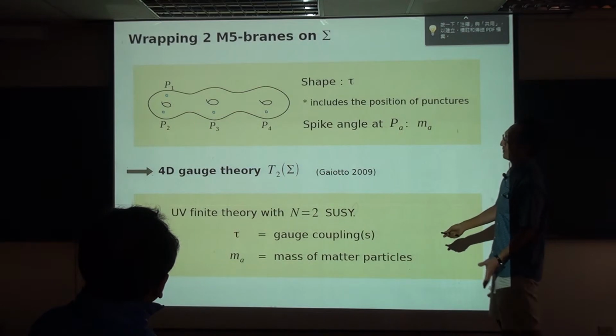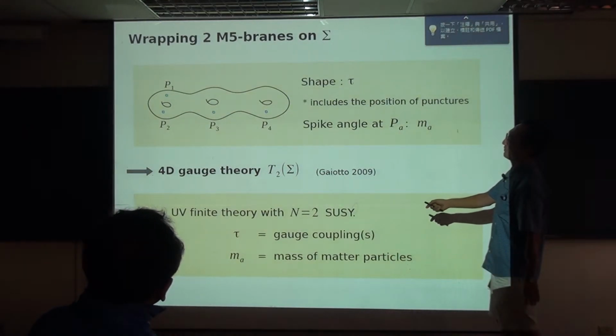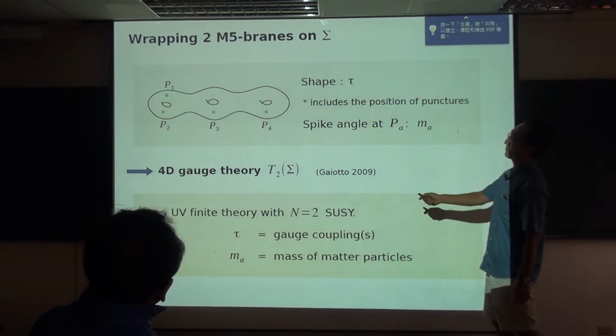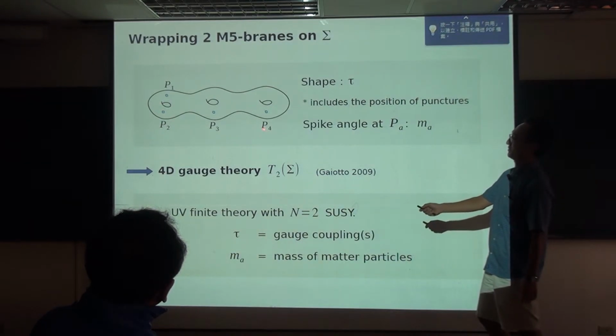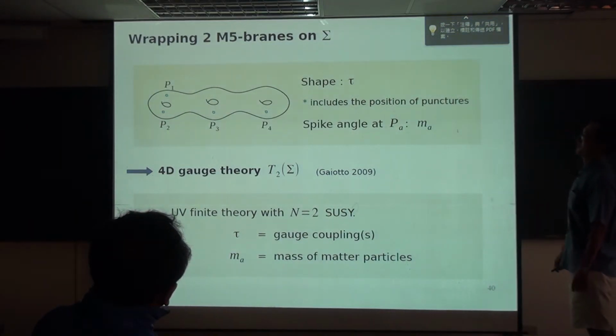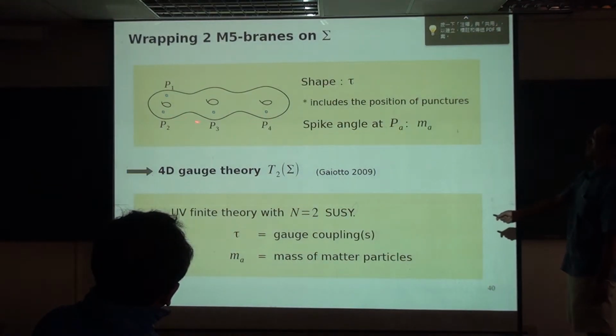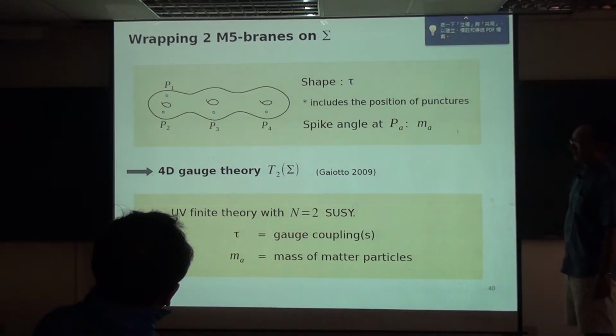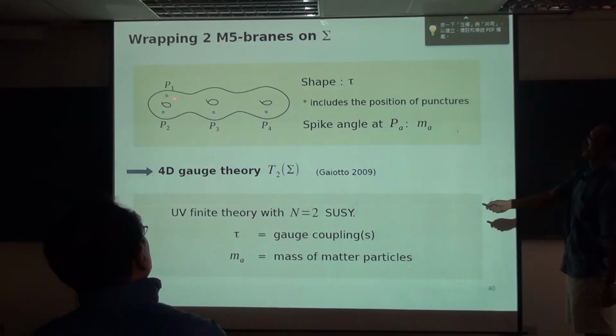Gaiotto considered the theories which can be obtained by wrapping multiple M5 branes onto this punctured Riemann surface. First of all, we need to characterize the shape of this Riemann surface by some parameter tau. Tau contains the information about the length of the handles, the twist of the handles, and also the position of those punctures.